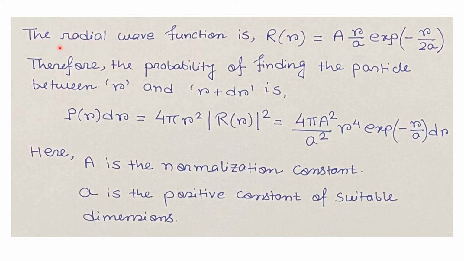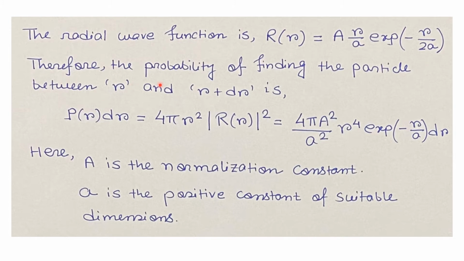According to the question, the radial wave function is given by R(r) = A r/a exp(-r/2a).